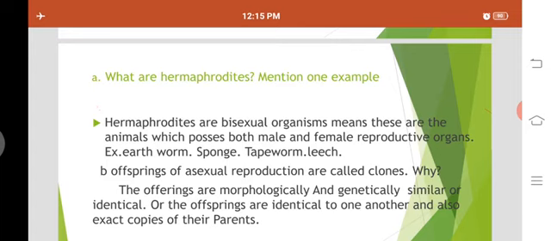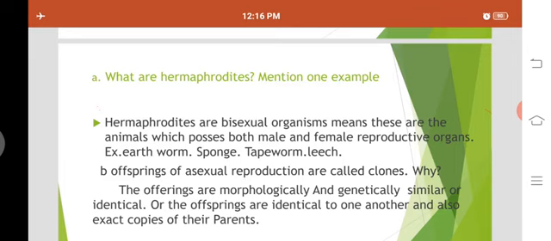Unisexual is also called dioecious, or heterothallic. Uni is nothing but single. Unisexual plants have either male flowers or female flowers but not both. Getting my point?